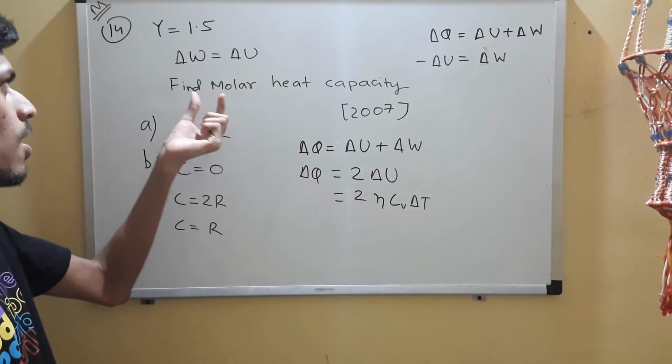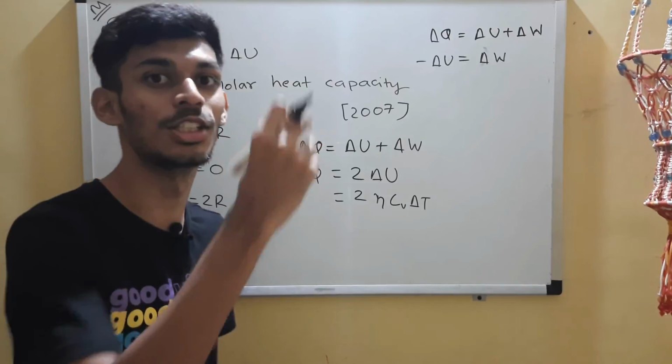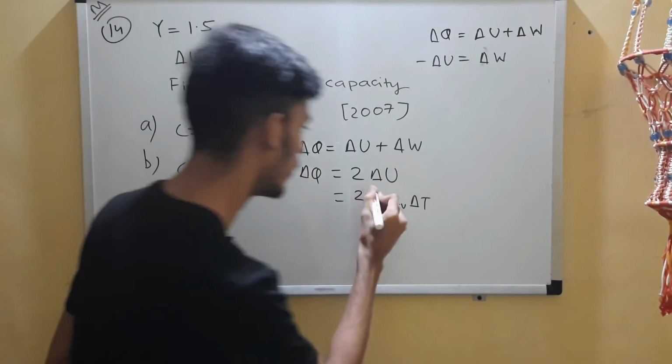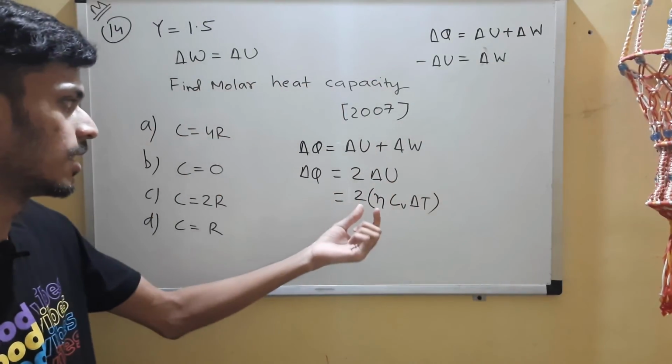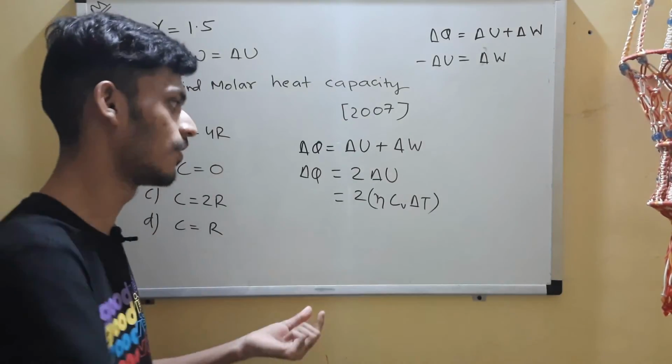We are asked to find the molar heat capacity. This is the molar heat capacity at constant volume, right?